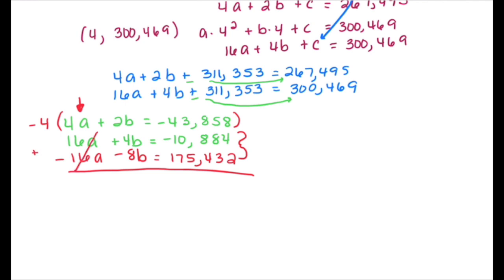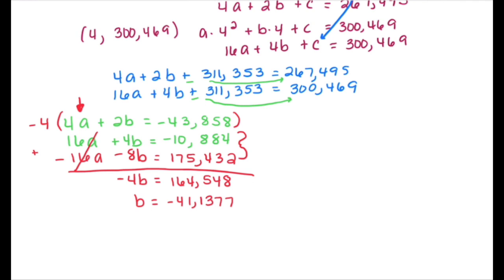Our a value eliminates. We now have negative 4b equals 164,548. Dividing both sides by negative 4, b is equal to negative 41,137. So right now we have a b and we have our c value. We still need our a value.